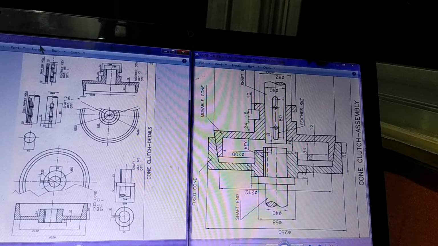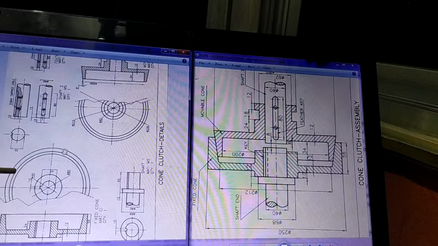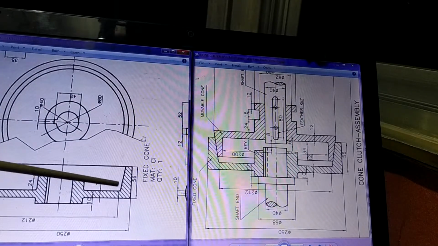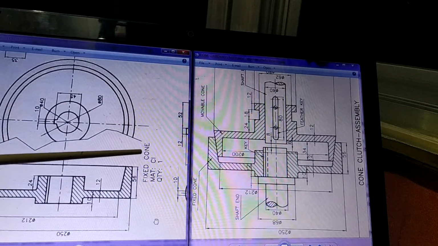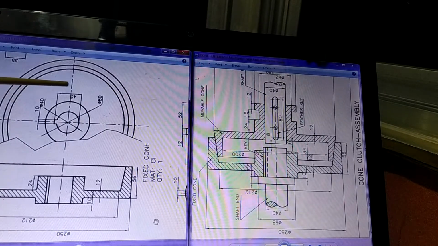You will first think that this is a detailed drawing, and you will also notice that various dimensions are shown here. So if I am just taking you closer and concentrating on just one part, then you will see this is a part which is called a fixed cone. Now this fixed cone, all the dimensions of the fixed cone, they are shown here.